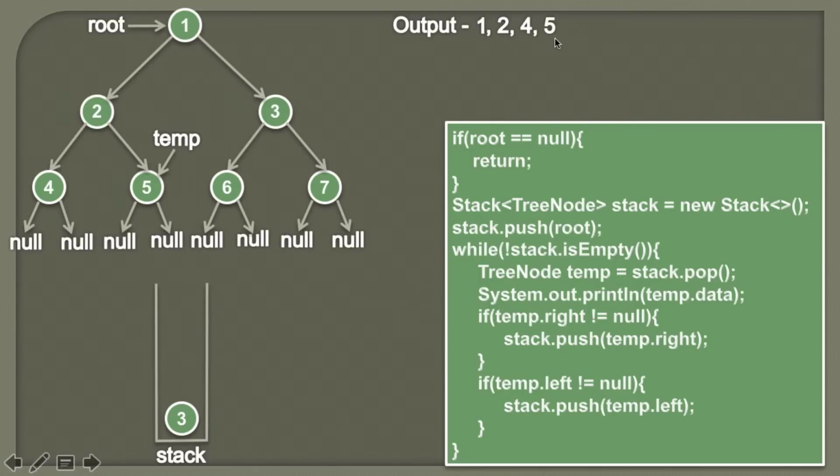Moving ahead. We check whether temp right is equal to null or not. So currently temp right is equal to null. Therefore the condition in if block comes out to be false. We then check whether temp left is equal to null or not. So here you can see temp left is also null. Therefore the condition in if block comes out to be false.